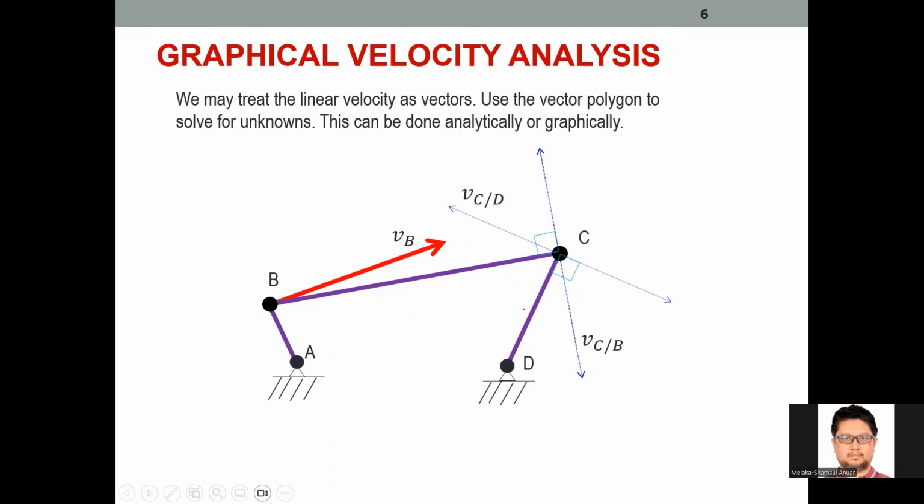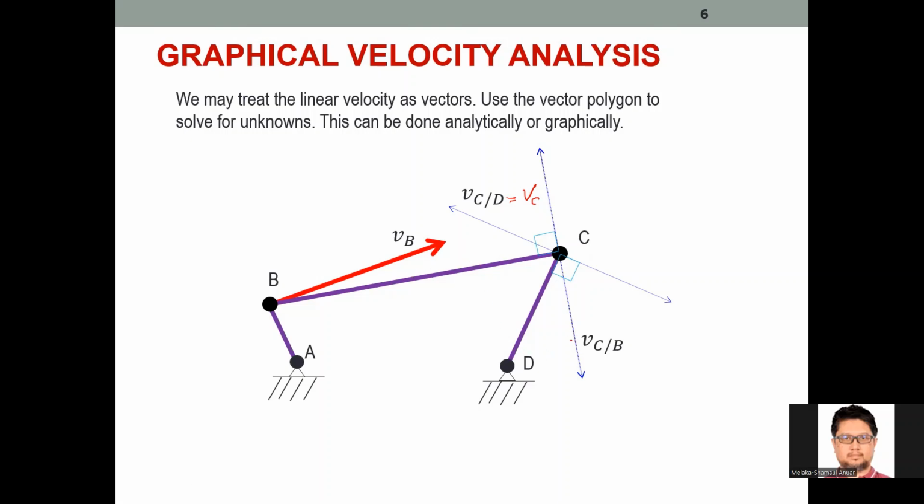So sometimes we call this just VC. Whereas this other line is VC/B, and C and B are both floating points or floating pivots.